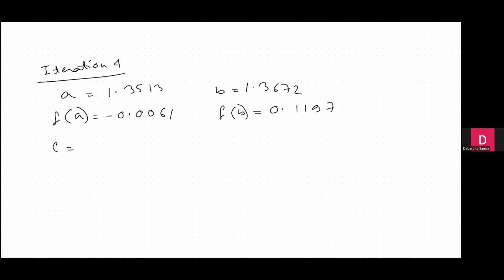Okay. Now again we have to calculate our c. So c is a minus f of a into b minus a divided by f of b minus f of a.